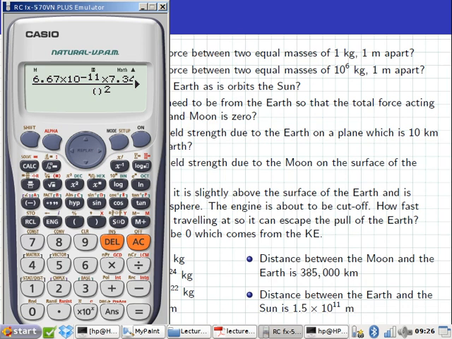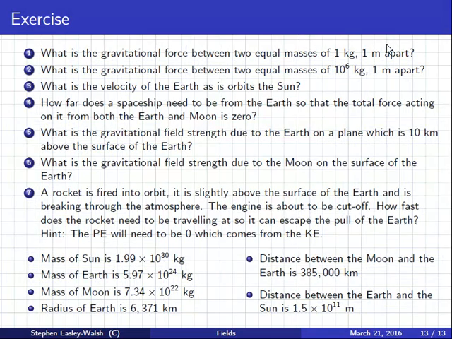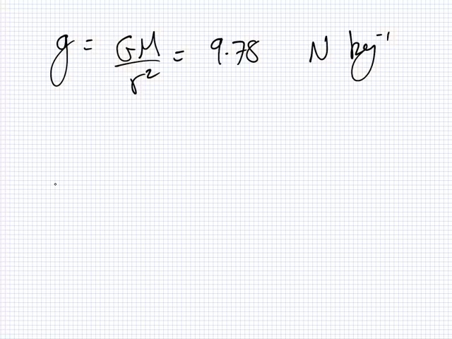Like this, isn't it? Now, I suppose last year when I did this question, I just used the formula for the distance from the center of the moon to the center of the Earth. But since I did say in the question, what is the gravitational field strength due to the moon on the surface of the Earth, not the center of the Earth, I have two choices here.